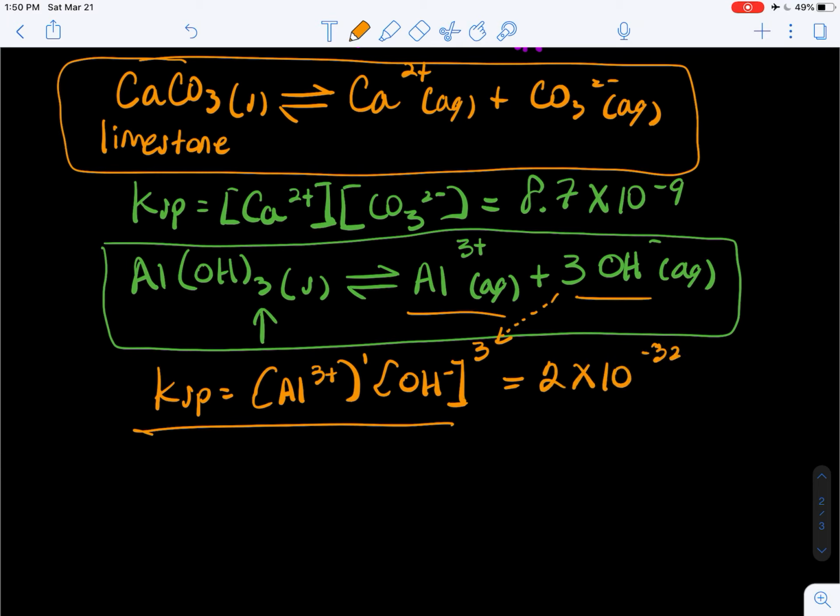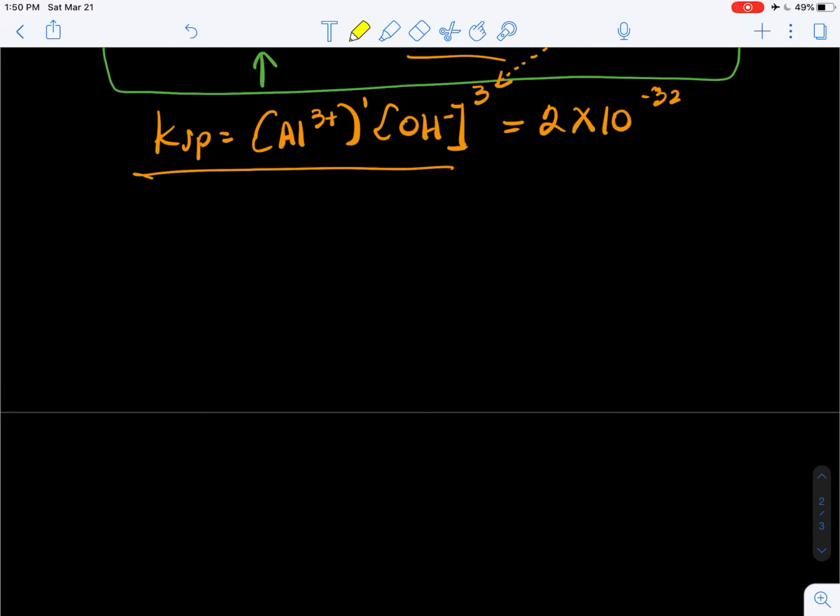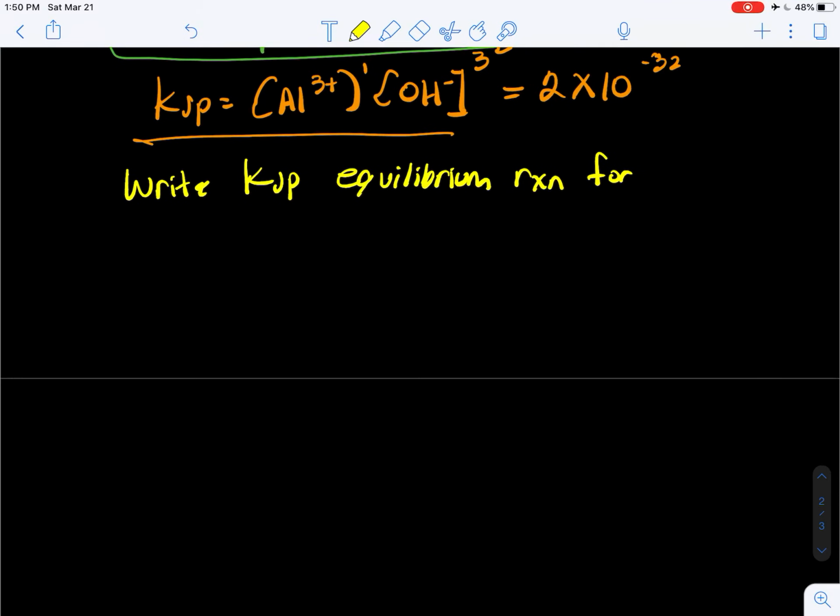Okay, so that gives you a brief idea of what we're looking at here so far. Oh, let me give you some practice problems. Okay. Write the KSP equilibrium reaction out. Let's do that for magnesium hydroxide. Okay.